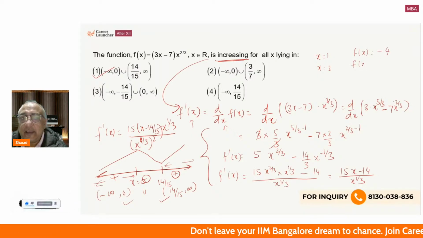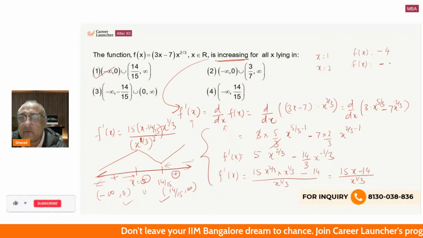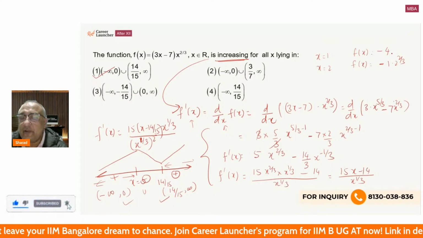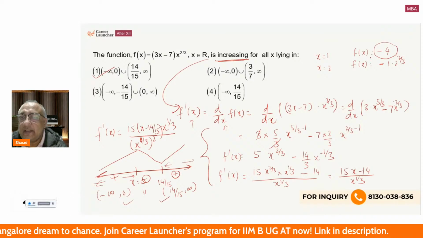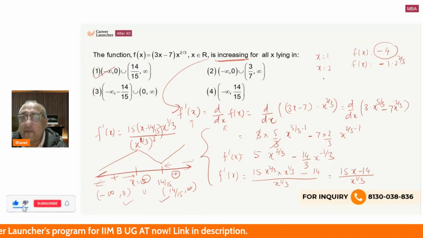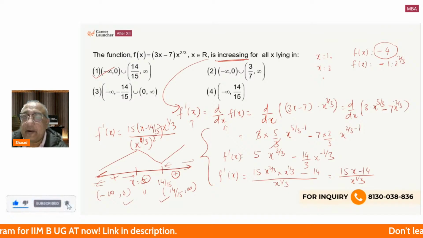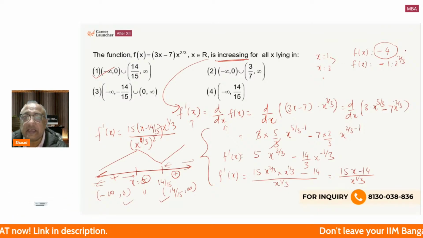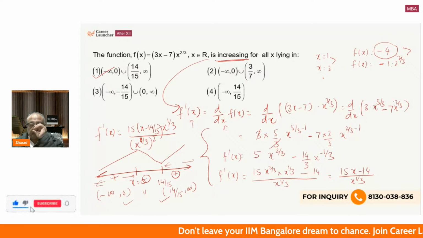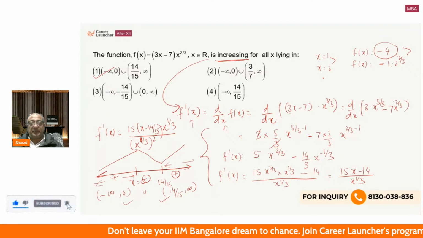If I put x is equal to 2, f(x) will be minus 1 into 2 raised to the power 2 by 3. Of course, this value is less than this. That means this is increasing. Minus 4 to minus 2 raised to the power 2 by 3 is gone.